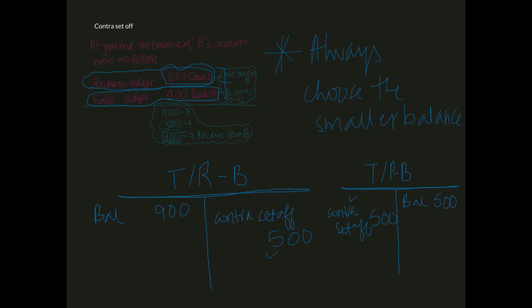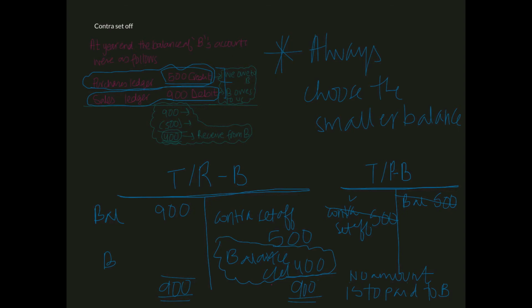The effect will be that our trade payables will cancel out, so no amount is to be paid to B. And in the trade receivables account, the balance CD would be 400. Now what does this balance CD represent?